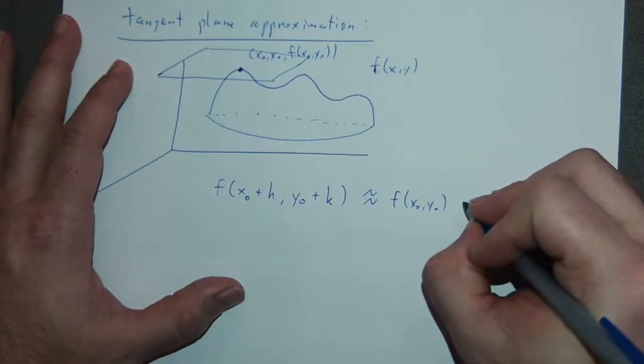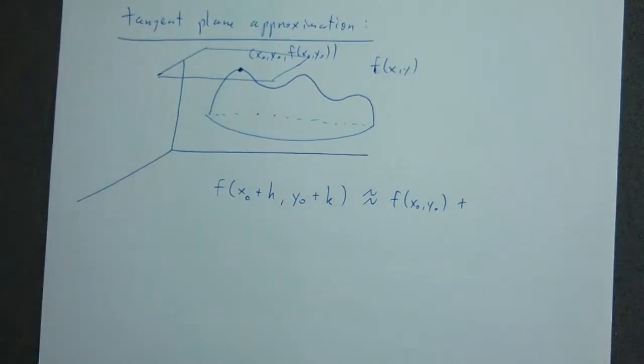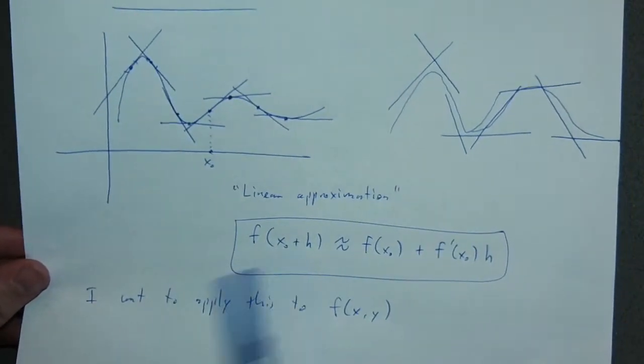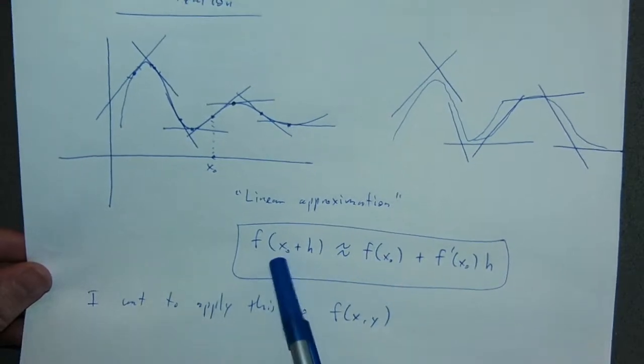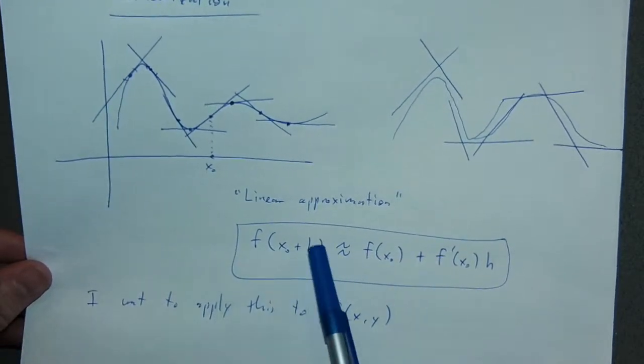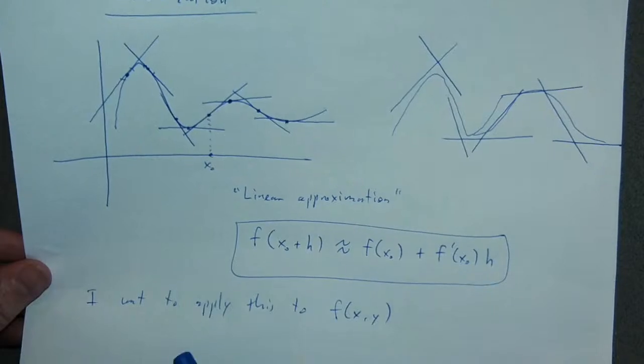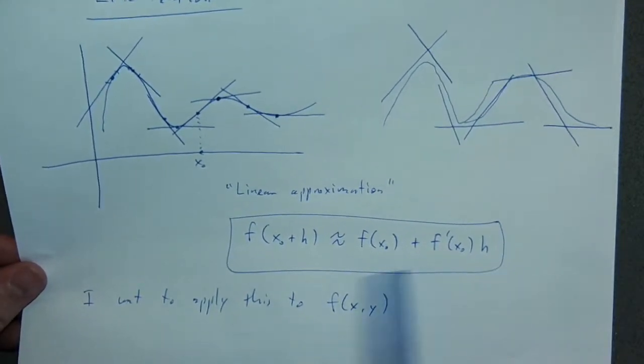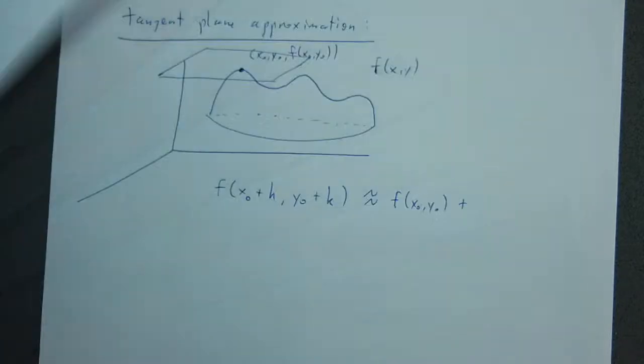And then what? Well, you can probably already guess what's going to go on here. If I bring back the Calc 1 formula, to approximate this value, this is the value of the function at x naught plus h, this little bit, times the derivative at x naught. Well, in Calc 3, I don't have the derivative. I have multiple derivatives I can take, one in each direction here. And so what do you think is going to happen?